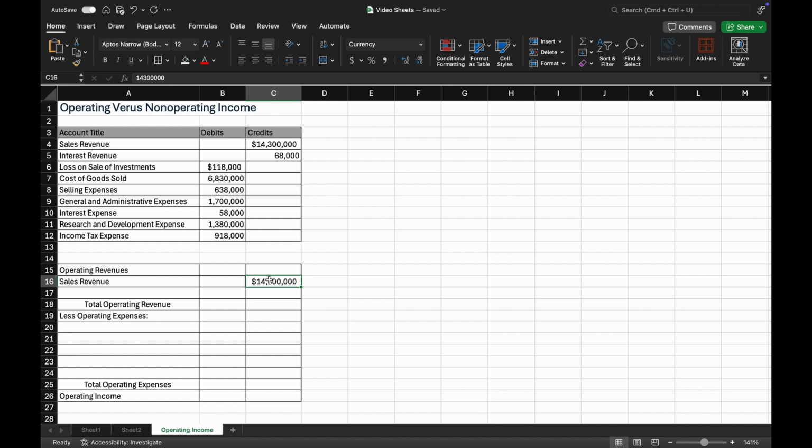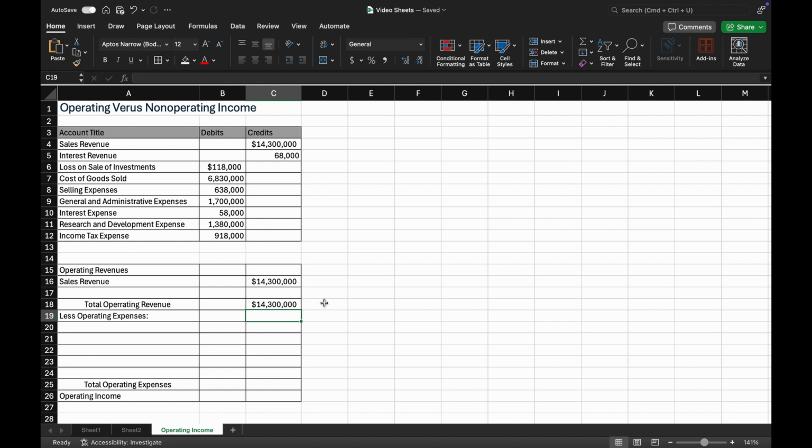And then we can put total operating revenue as the same amount as sales revenue because interest revenue is non-operating income. So total operating revenue equals $14,300,000. Interest revenue is non-operating income because it is typically derived from investments or cash from outside the company's many operating activities and is therefore not considered part of operating income.